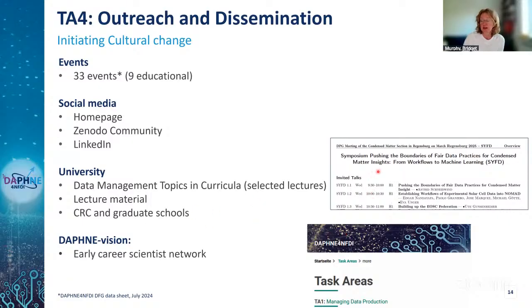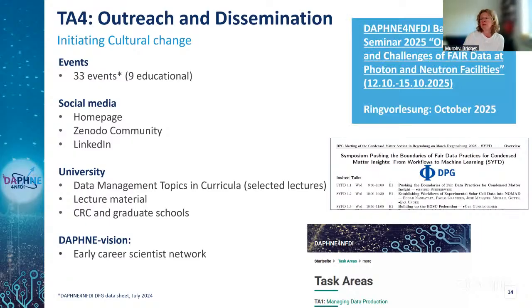We had a joint symposium at the DPG meeting this year with the FAIRMAT on pushing the boundaries of FAIR data praxis for condensed matter, insights from workflows to machine learning. We will have a seminar in Bad Honnef in October this year, opportunities and challenges of FAIR data at photon and neutron facilities.